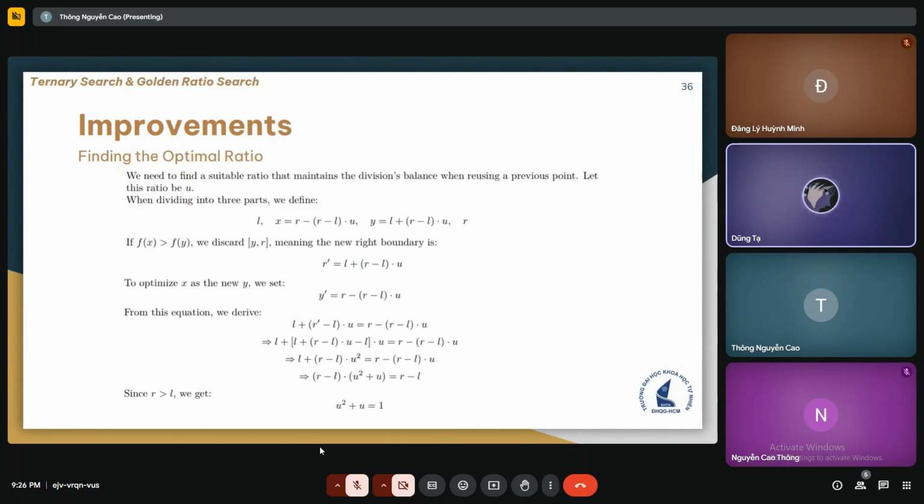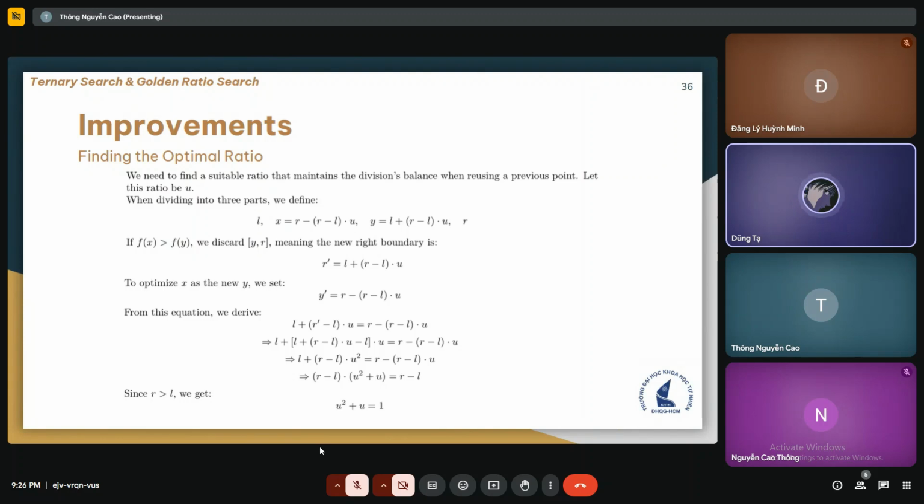However, if we keep the standard 1:1 ratio and reuse a point, we end up with unbalanced divisions where one side becomes significantly larger than the other. It leads to instability in the algorithm. To maintain balance while reusing points, we turn to a special mathematical ratio, the golden ratio, as we will demonstrate.